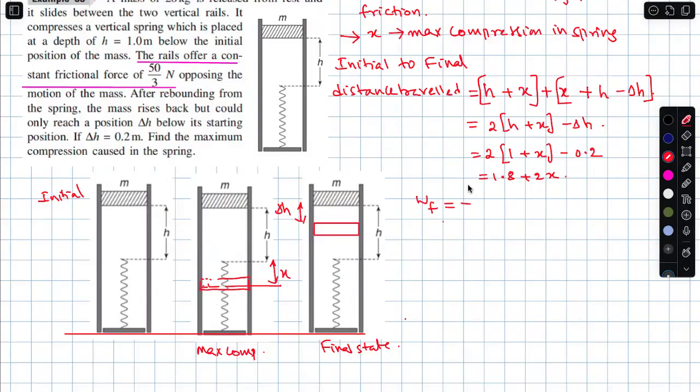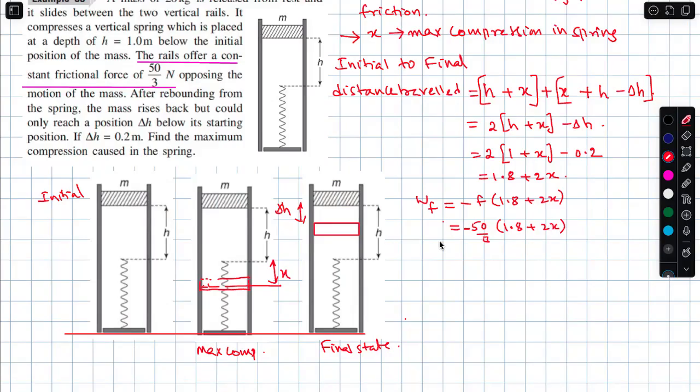All the time it does negative work. Friction opposes relative motion. So therefore it is minus F into 1.8 plus 2x, which is nothing but minus 50 by 3 times 1.8 plus 2x.